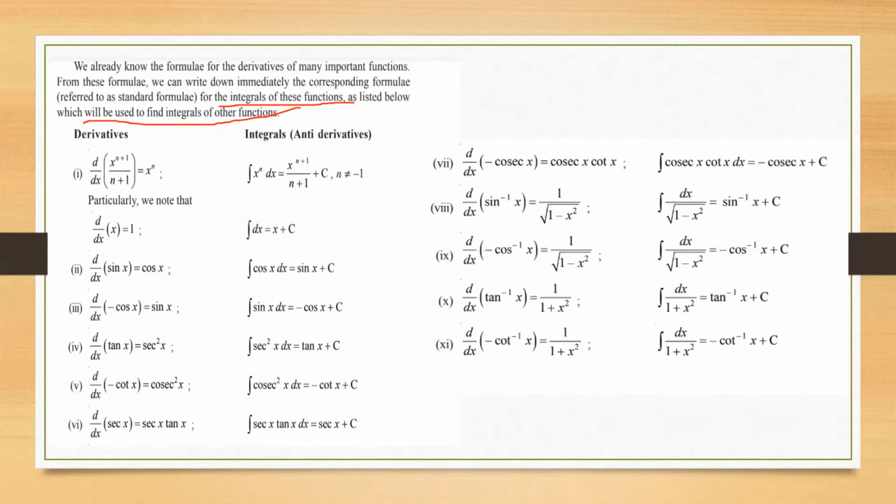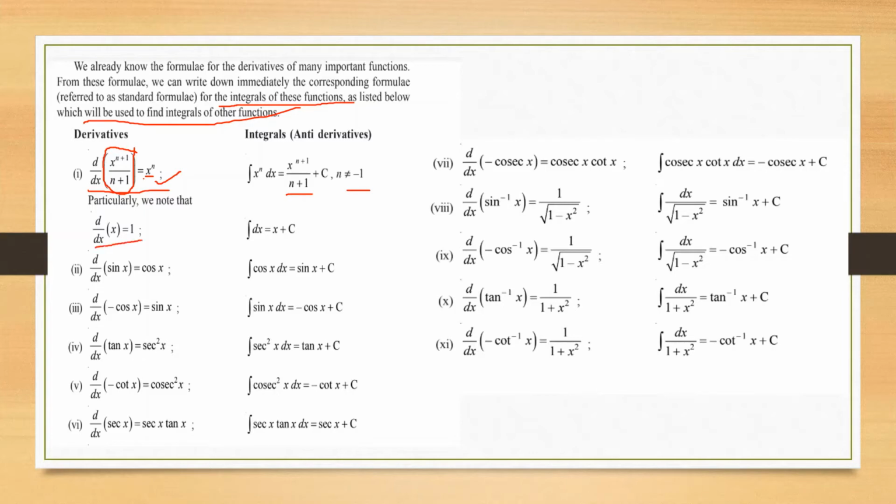See, this is the power rule: d/dx of x raised to power n plus 1 upon n plus 1 will be 1 upon n plus 1 into, using the power rule, n plus 1 times x raised to power n. So n plus 1 cancels and I get x^n. So the integral of x^n is equal to x raised to power n plus 1 upon n plus 1 plus c, for n not equal to minus 1.